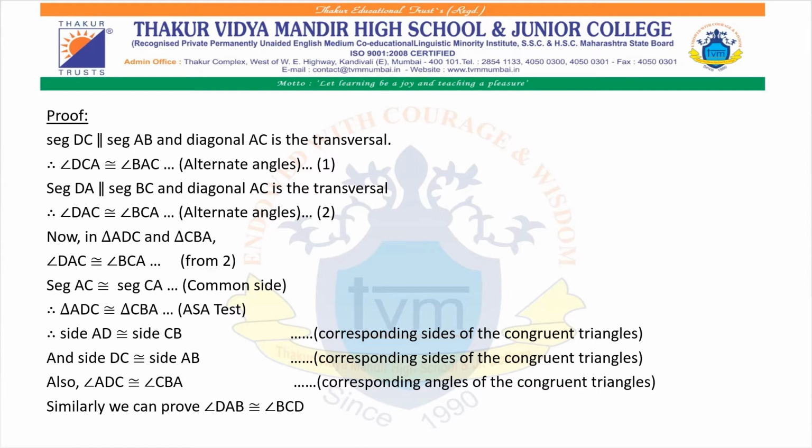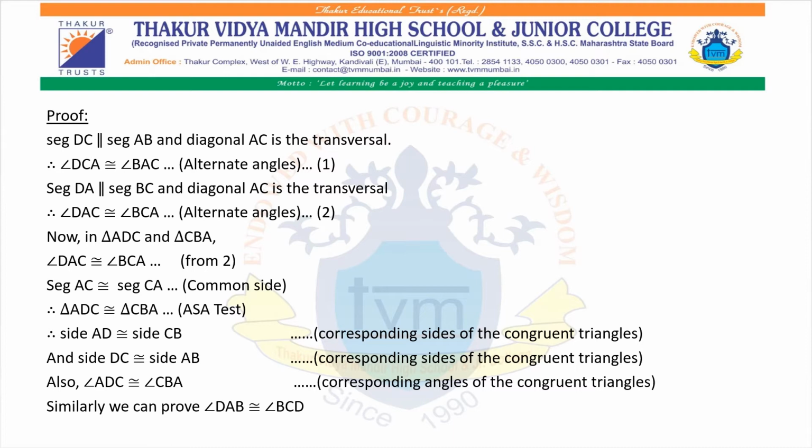Therefore, angle DAC is congruent to angle BCA, alternate angles. Now, in triangle ADC and triangle CBA, angle DAC congruent to angle BCA from 2. Seg AC congruent to seg CA, common side. Therefore, triangle ADC is congruent to triangle CBA.